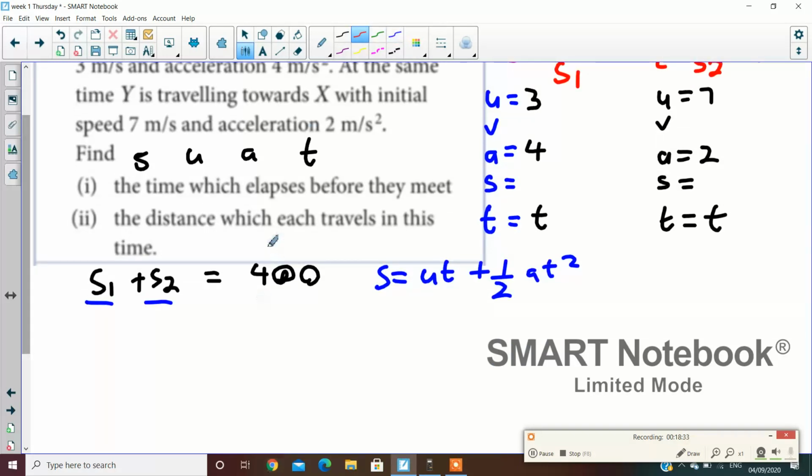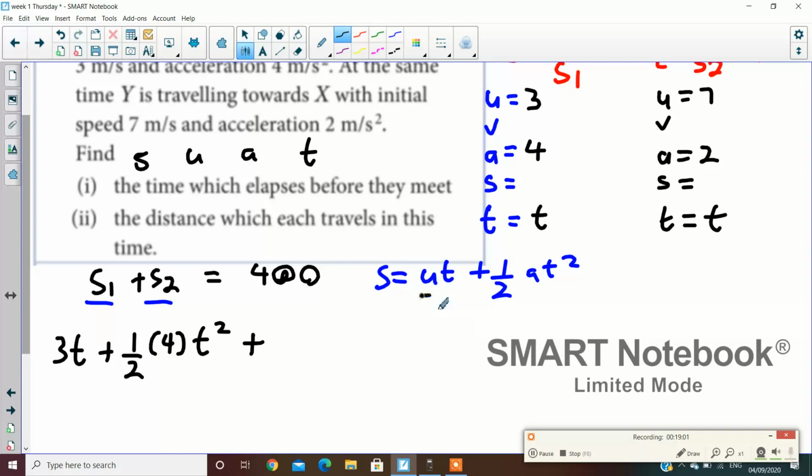I'll start off with black here, okay? So what can we change S1 with? What's U? U is 3. The T value? Just T. Plus a half. What's the A value for the X value? 4. And then what's the T value? We don't know, so it's just T squared. And what about the S2 value?